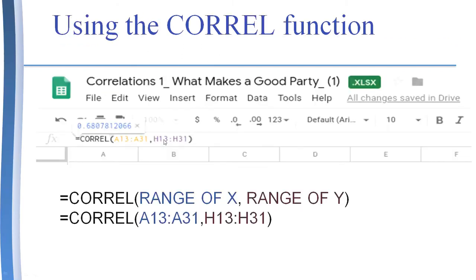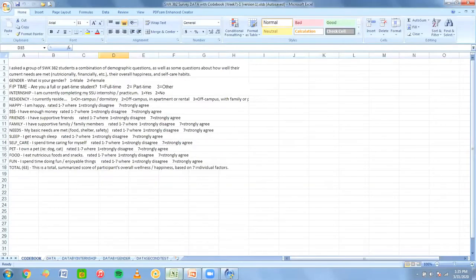Okay. So to get a correlation using the CORREL function, we use CORREL, and then we select our variable A and our variable B. So let's skip over to Excel real quick and do an example.